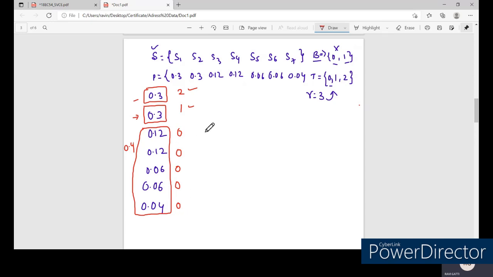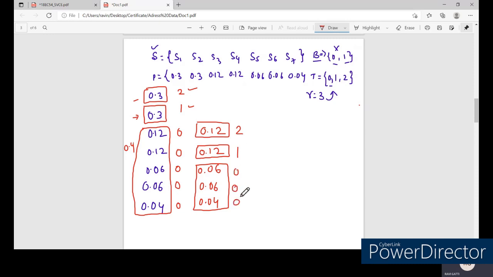I will make one division of 0.12, another division of 0.12, and the remaining 0.06, 0.06 and 0.04 as one more division. For this I will allocate 2, for this 0 1, and for the last one 0 0 0.